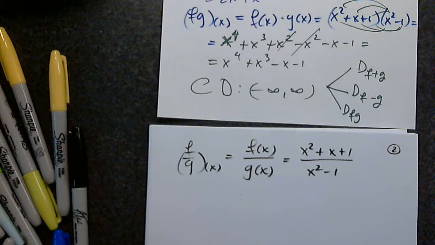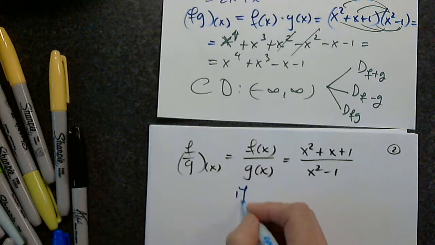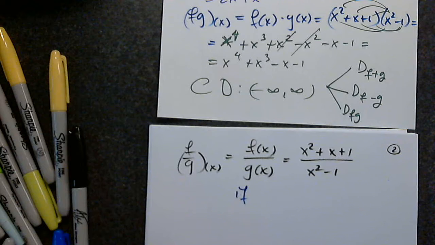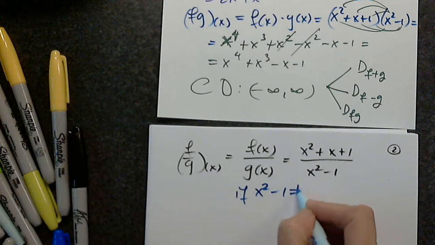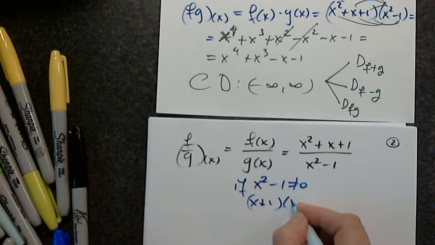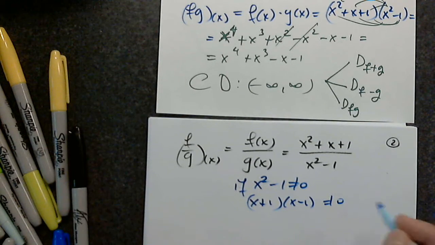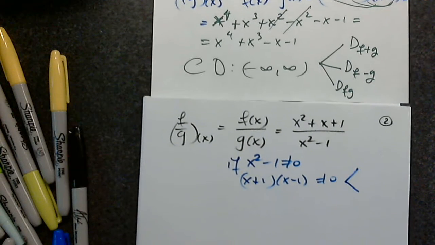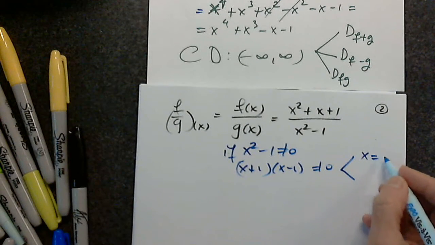Good. So, if what? If what? Excellent. How many solutions does this have? Correct. X plus 1, x minus 1. So then what are the two options? Very good.